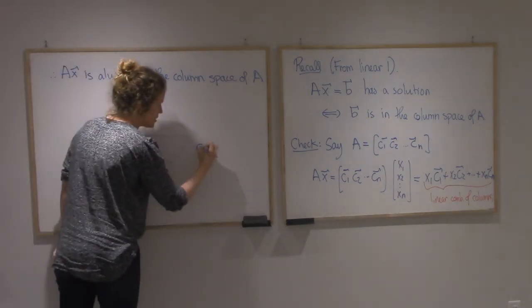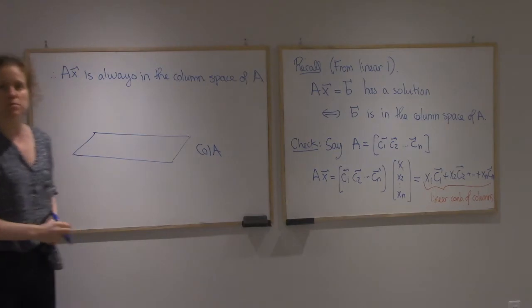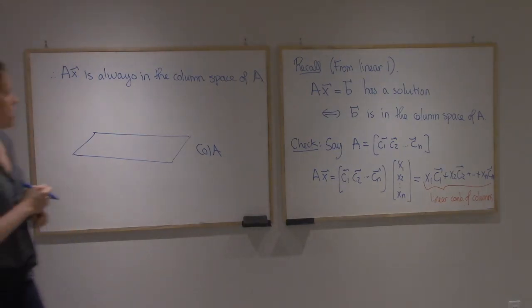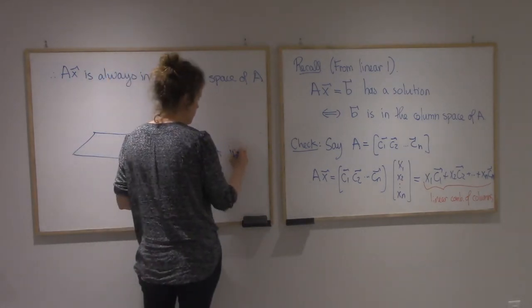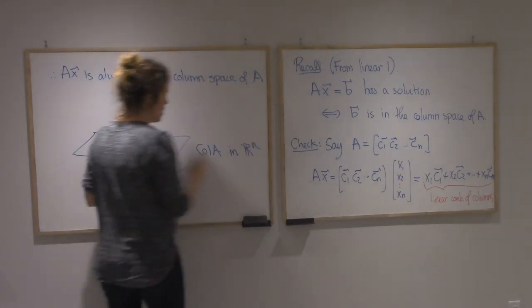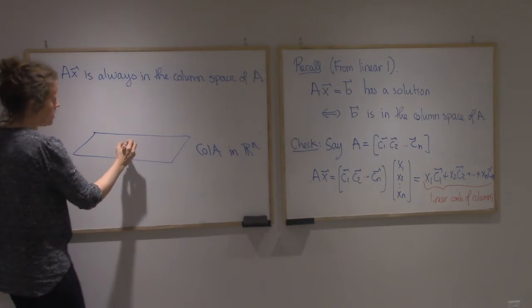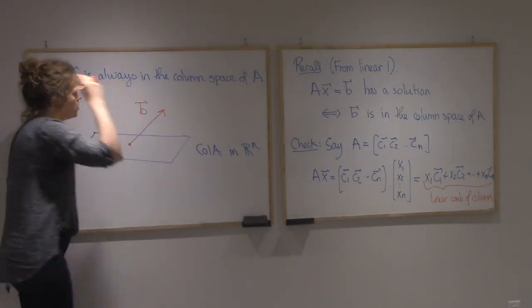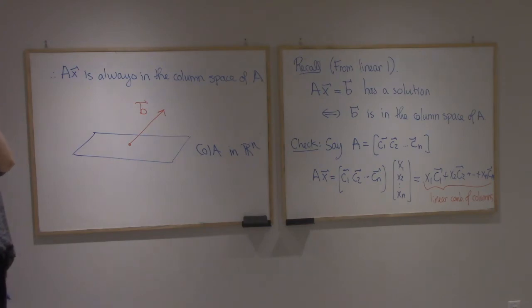The column space of A is going to be some subspace of R^m. I'm going to have my b, which is not in the column space.